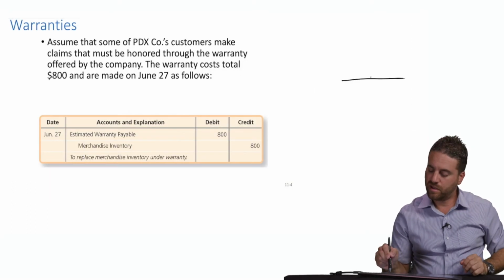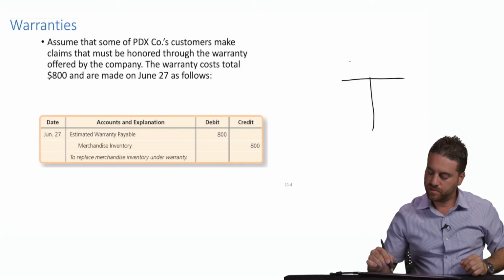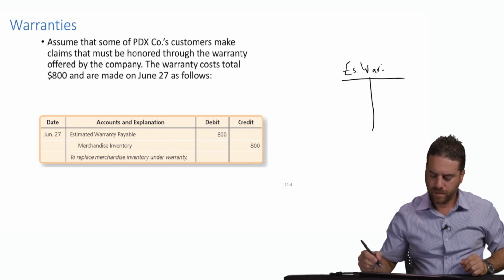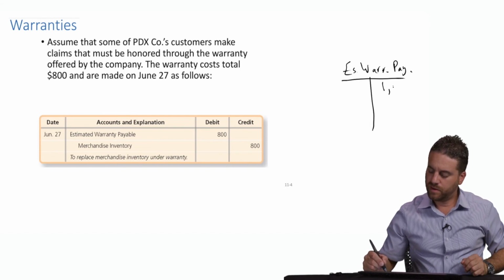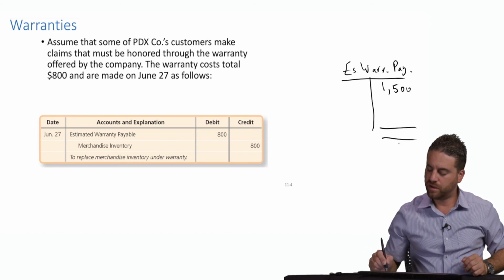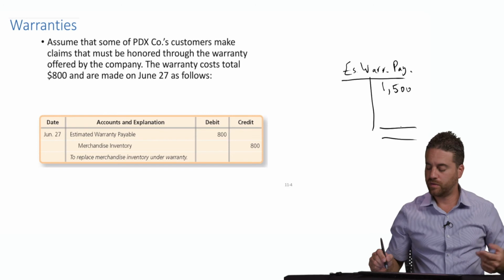So here's the T account for the estimated warranty payable account. We credited $1,500 previously. It used to be $1,500 here before covering any warranty coverages.